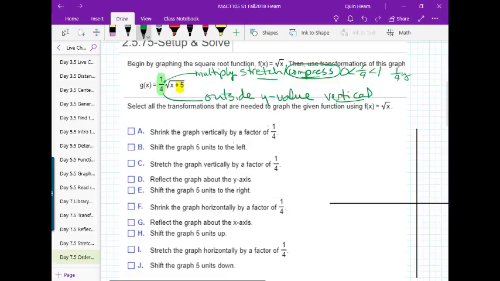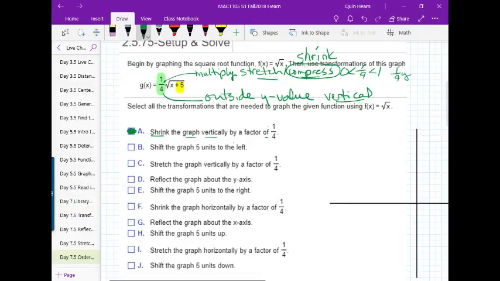So we need to find where we have shrink and compress. By the way, I use these words interchangeably. So it's a vertical shrink if you want to think of it that way. So this first one says shrink the graph vertically by a factor of 1/4. And so that would make sense. So that's one of the two transformations.